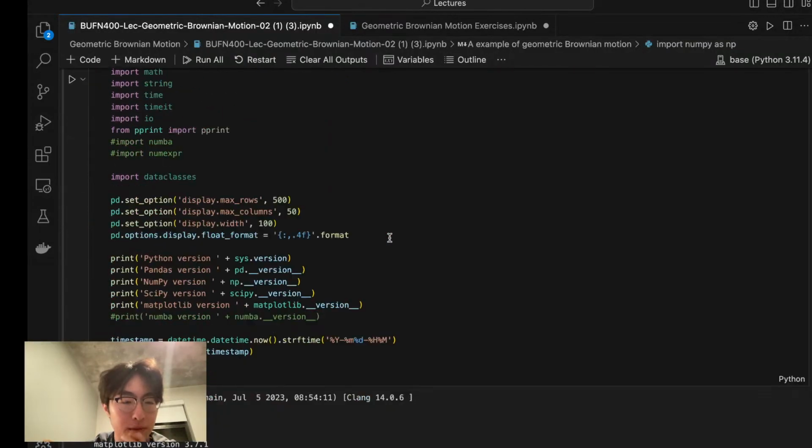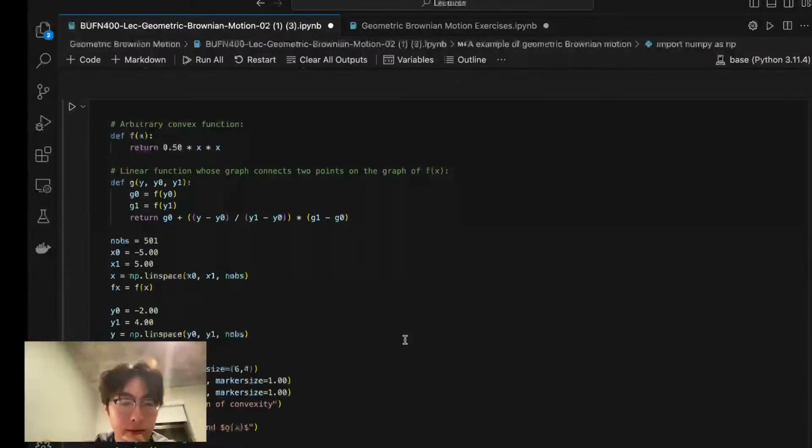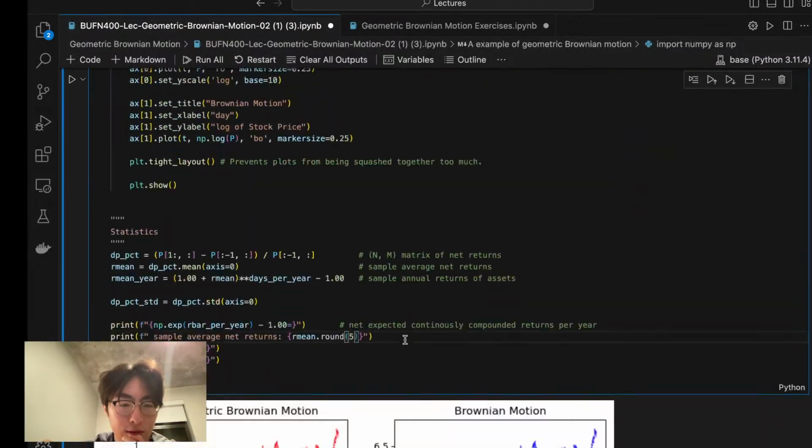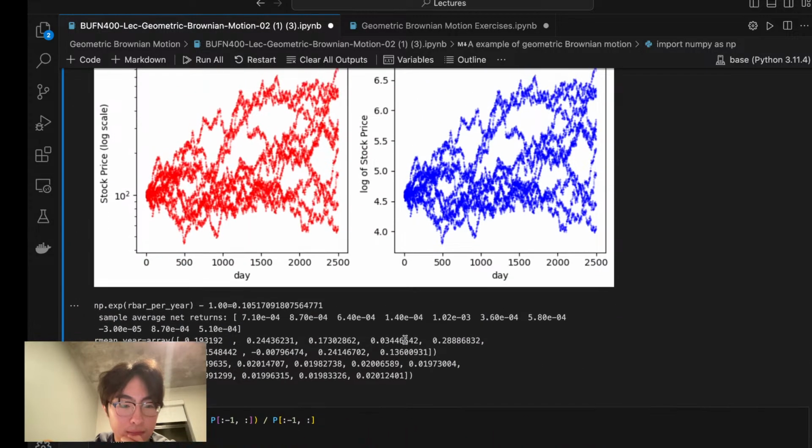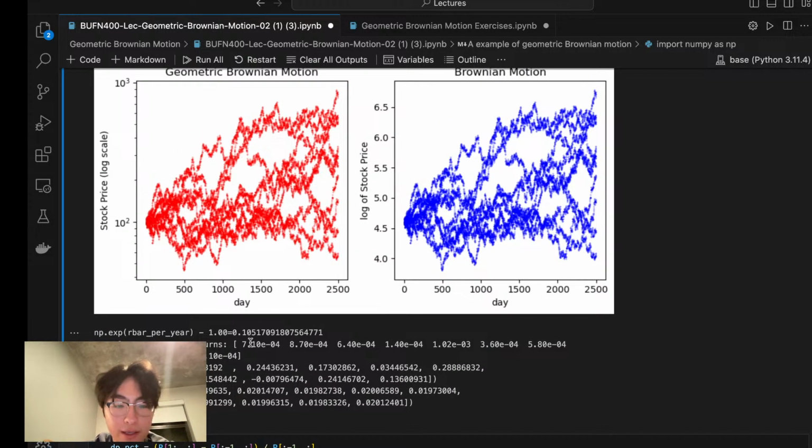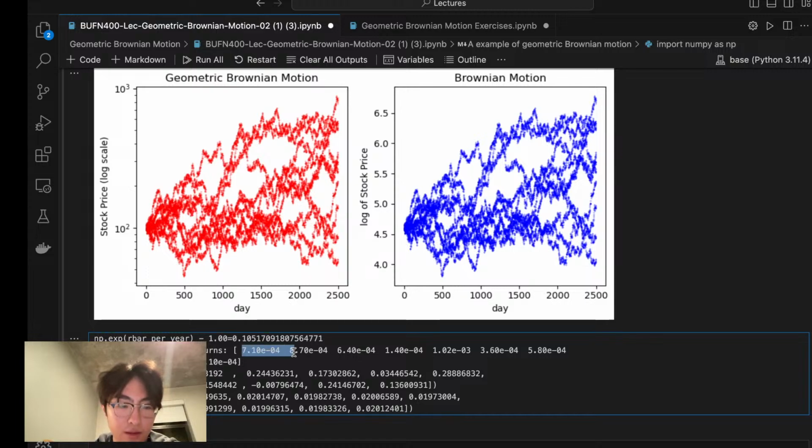I don't like the display of how these are scientific notation. But I guess from these rounded figures, we can see there's actually a pretty big distribution of average net returns over, I think it's 10 years.